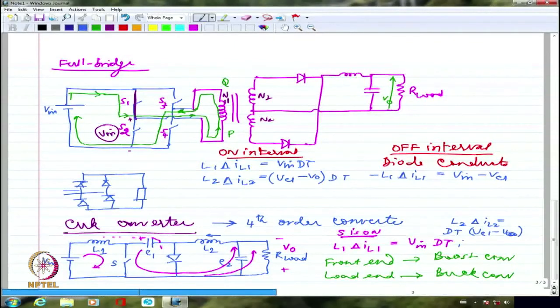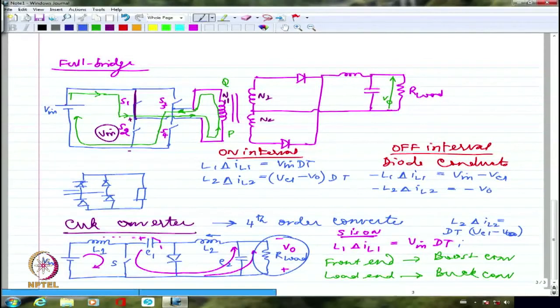Right? Then we'll have to write about inductor 2. So inductor 2 is only withstanding whatever is my V0, nothing more than that. So I should be able to write L2 multiplied by delta IL2. Again, if I put a minus, I have to write minus V0. That's it.